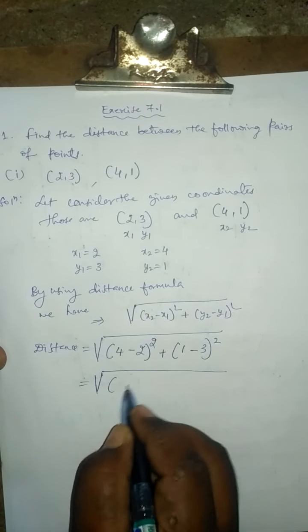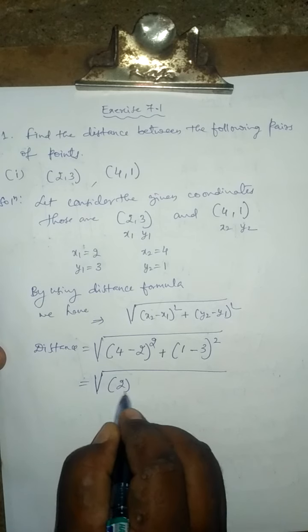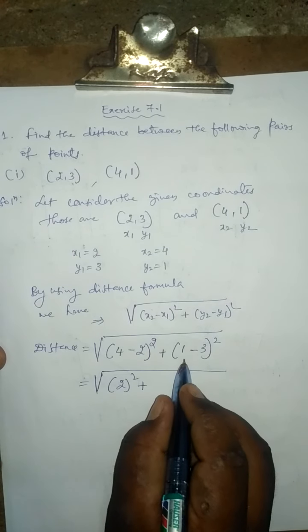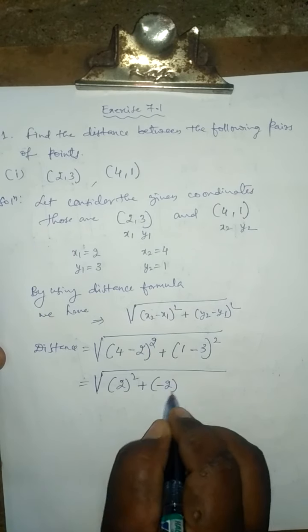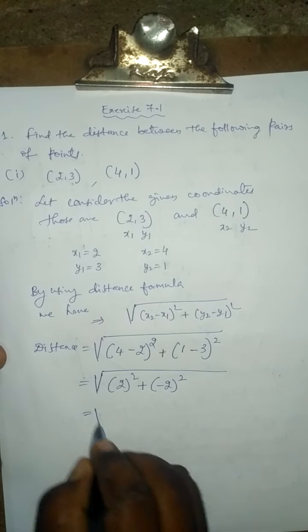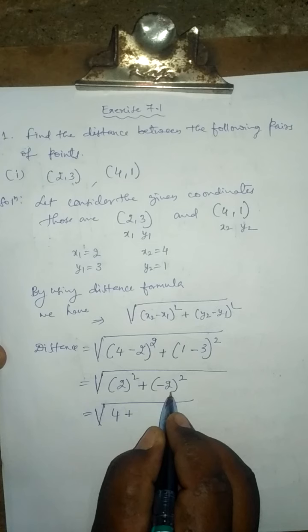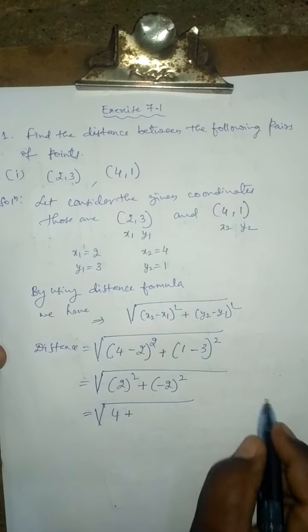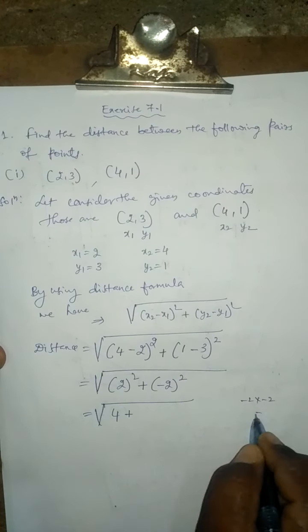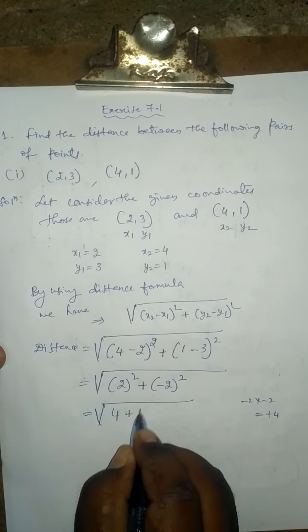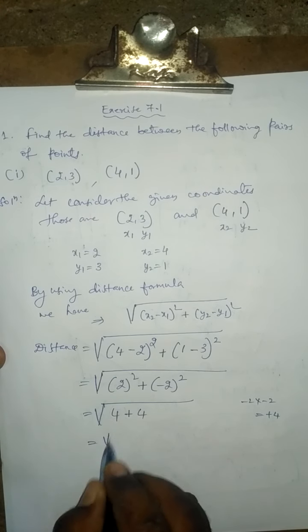Here 4 minus 2 is 2 square, plus 1 minus 3 is minus 2 square. So next step, 2 square is 4, plus minus into minus is plus only. So minus 2 into minus 2 is plus 4, so this is also 4. So this is 4 plus 4, 8.